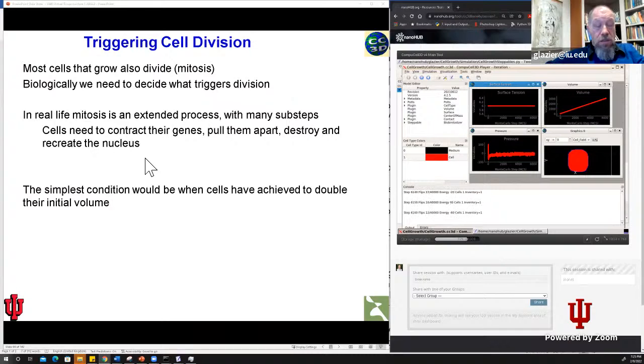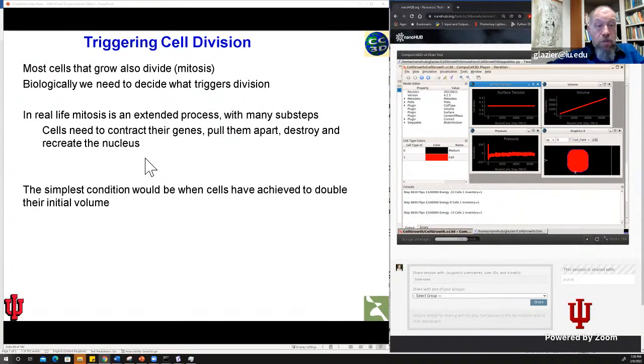Computationally, that's not something that we can really handle, because you either have two separate objects or you don't. So if we want to build something that's syncytial, which represents incomplete cell division, we'll typically do a cell division in CompuCell to two separate cells, and then we'll define some other additional properties that basically connect the cells back together.